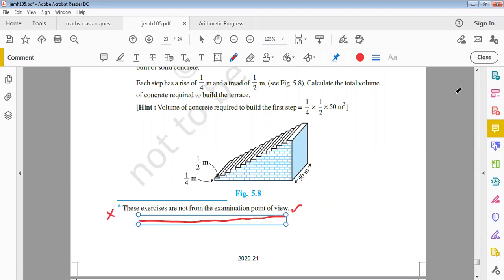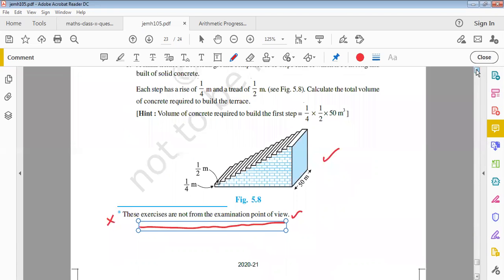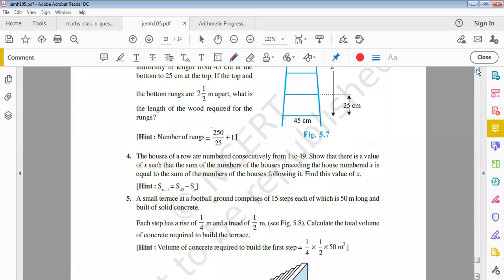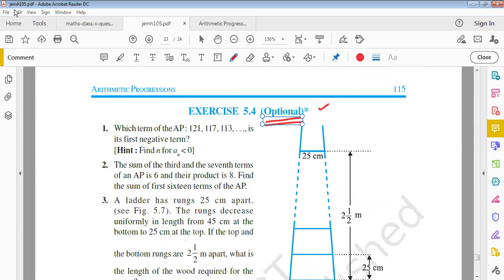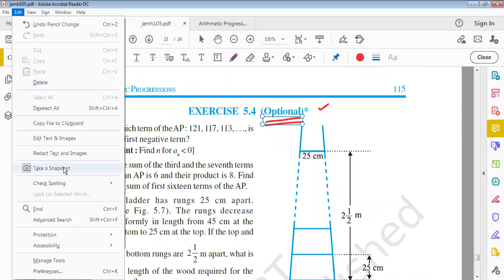By that time they had given it like this, but most probably they are asking hard questions from these optional exercises only. So compulsorily, you are supposed to learn this kind of exercises. Please don't leave any one problem from this optional exercise. You are supposed to learn everything. Clear?